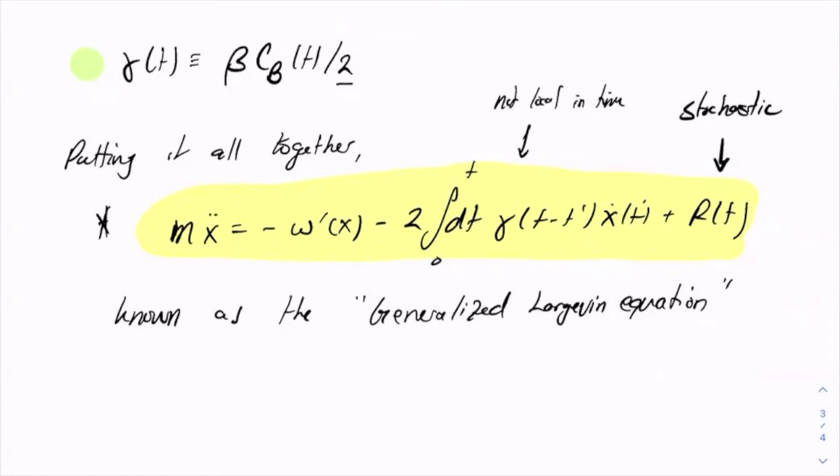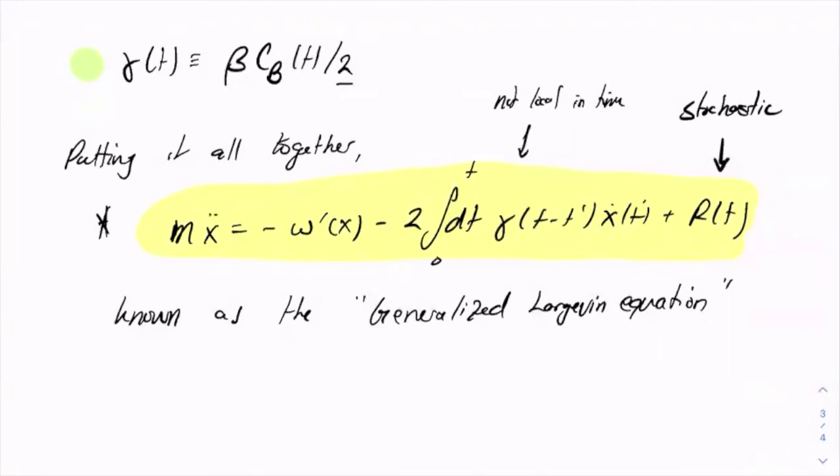That is no longer the case here. This convolution over this gamma function time with the velocity of the particle tells me that the trajectory of the particle depends on times in the past, as weighted by this gamma function.